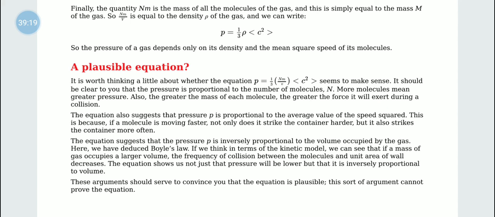Number two, more molecules mean greater pressure. Number three, greater mass creates greater force during collision.